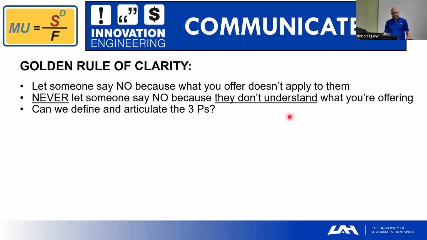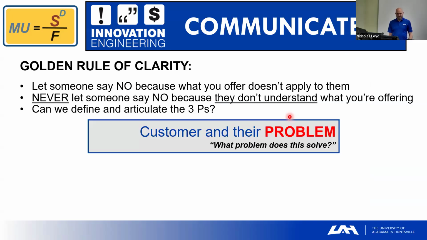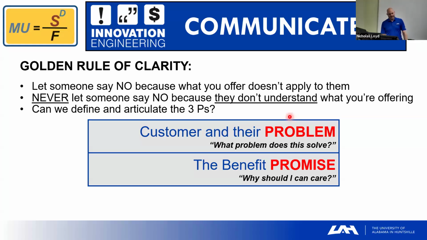So the 3 Ps of communicate, and I touched on this a few weeks ago, is to provide clarity to the ideas that we love. So to provide clarity, we have to answer 3 Ps. What problem does it solve? So we've already started to look at that on the left side of the yellow card. Second one is, for this idea, what is the benefit promise that I can offer?